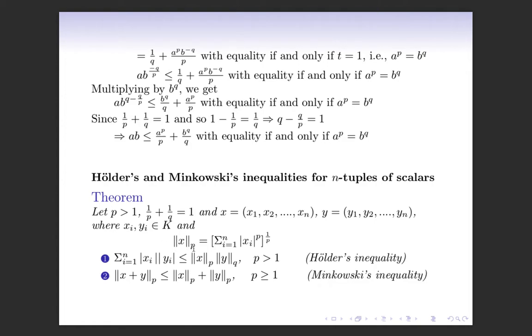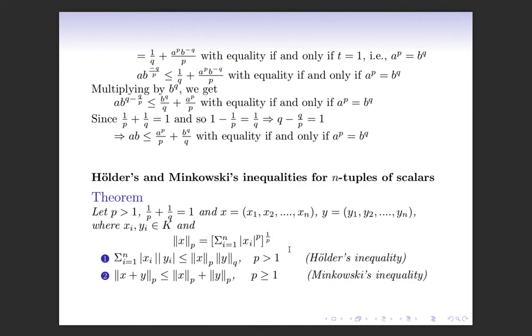And norm p of x is defined as summation of mod of xi whole to the power p, i varies from 1 to n, and whole to the power 1 by p. Here actually we have mod of x1 whole to the power p plus mod of x2 whole to the power p plus up to the last term, plus mod of xn whole to the power p, and whole to the power 1 by p.